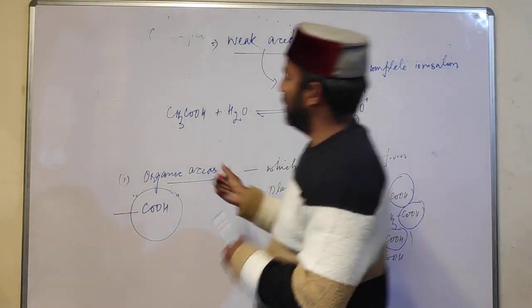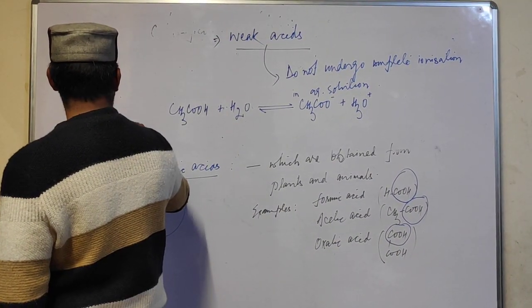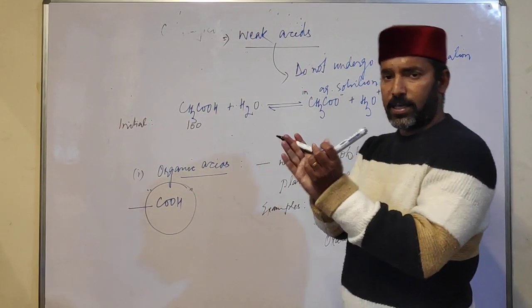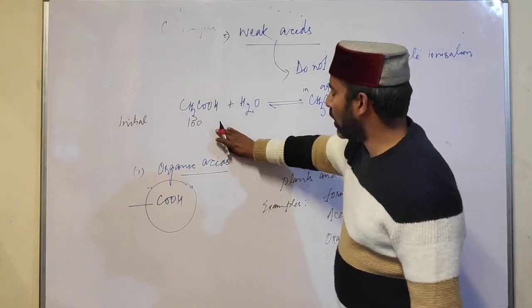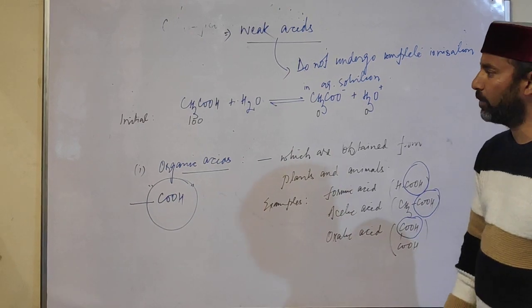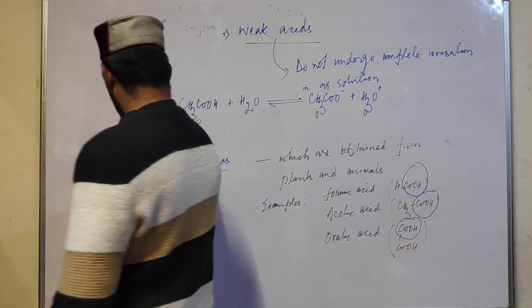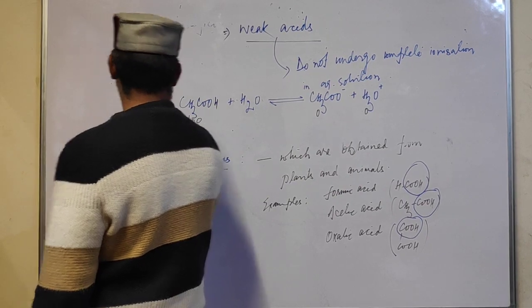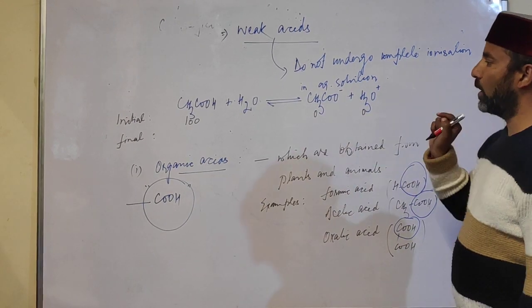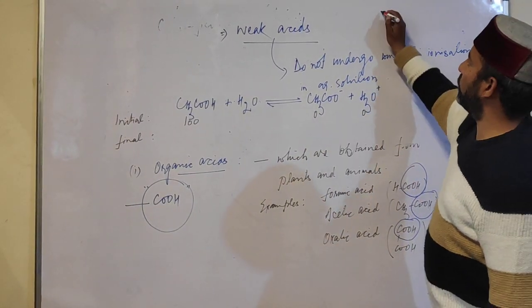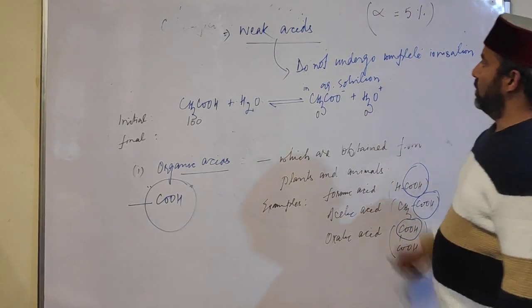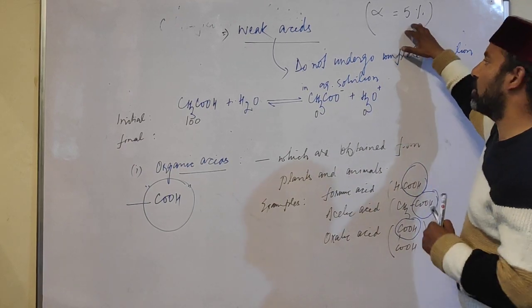So students, say initially I'm taking 100 molecules, so मैंने शुरू में 100 molecules लिए. अच्छा, शुरू का मतलब है अभी आयनाइजेशन नहीं हुआ है, सो सॉल्यूशन में there are no acetate and no hydronium ions. But look, when acetic acid undergoes ionization, I have said that they undergo ionization but only to a small extent. So if the degree of dissociation, which we denote by alpha, is say 5%, it means that only 5% will undergo ionization.